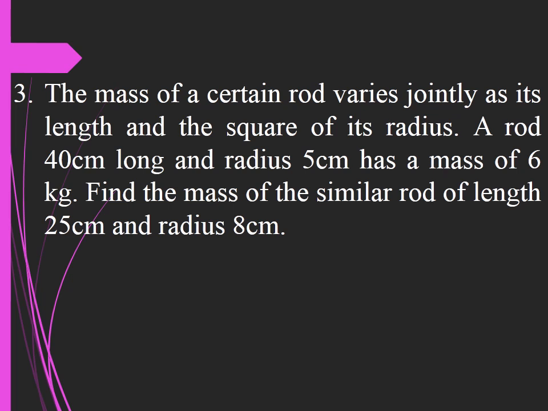Question 3. The mass of a certain rod varies jointly as its length and the square of its radius. A rod 40 cm long and radius 50 cm has a mass of 6 kg. Find the mass of the similar rod of length 25 cm and radius 8 cm.